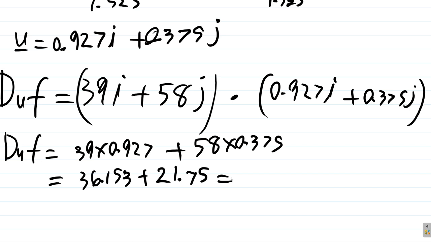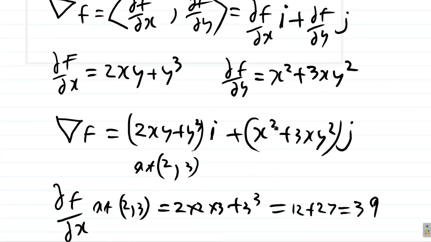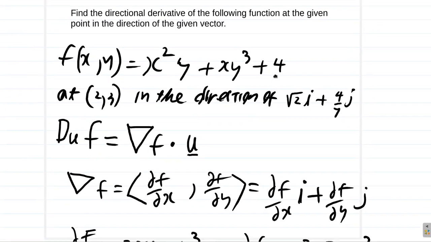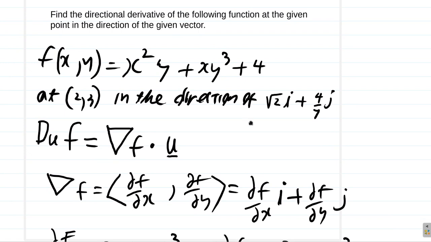Well, it's 57.903, but now that is the answer. I can just round it off to 57.9. So that is the directional derivative of our function.